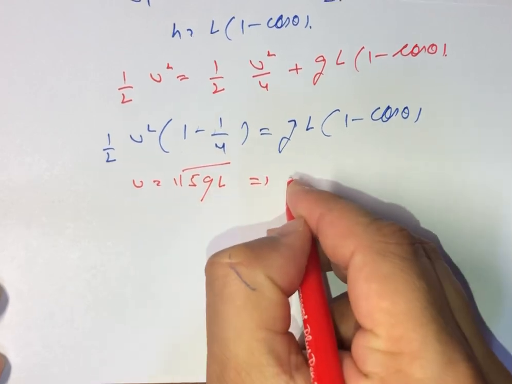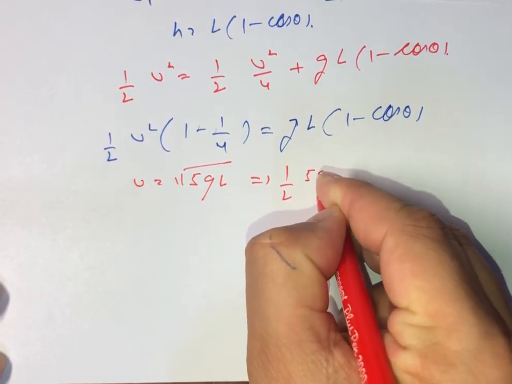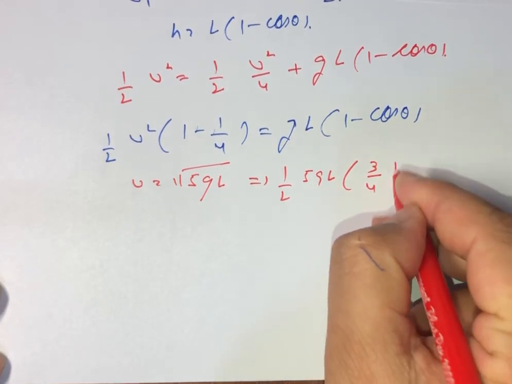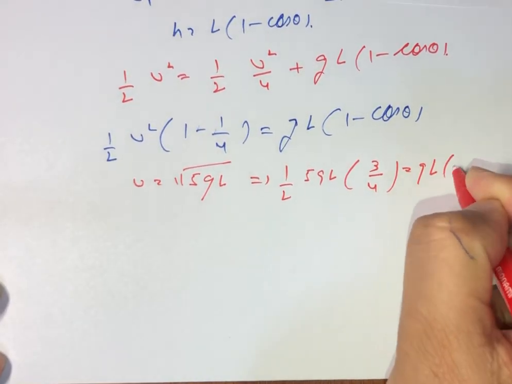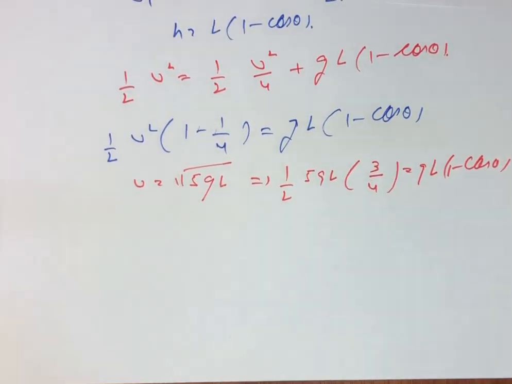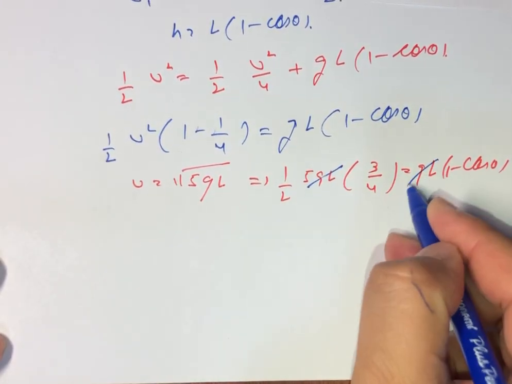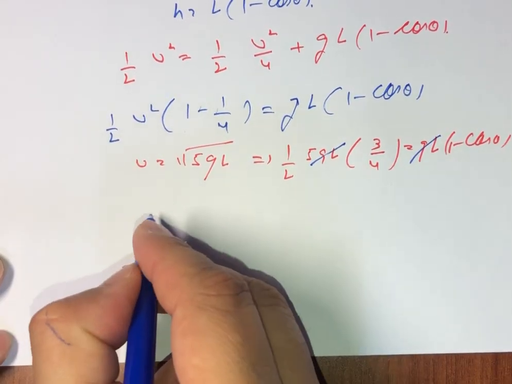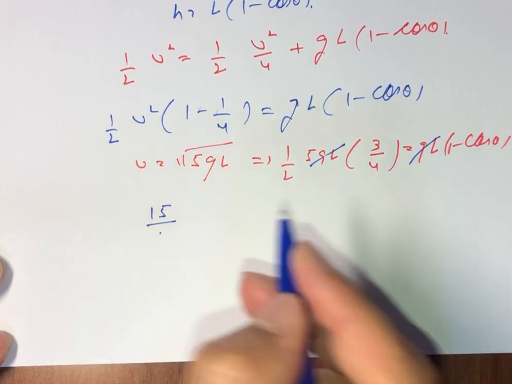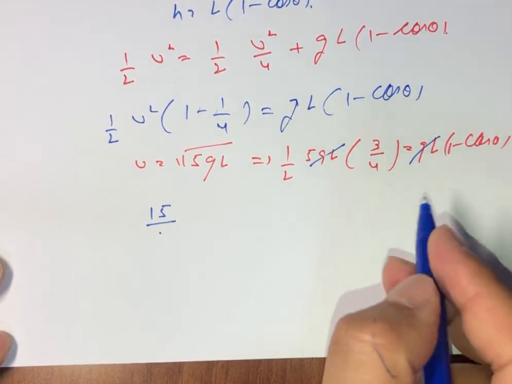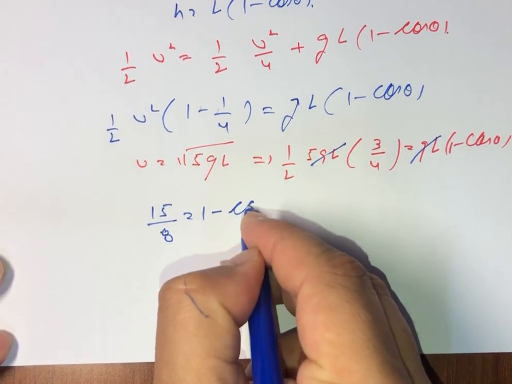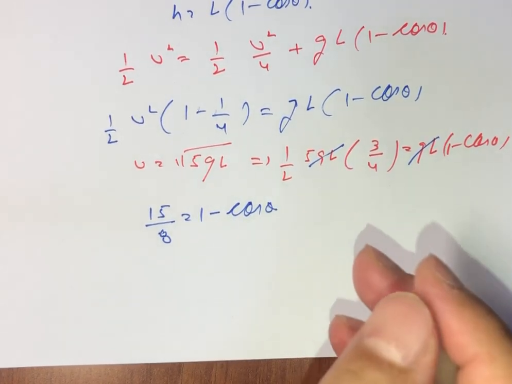So we can write this as half times 5gL times 3 by 4 is equal to gL times (1 minus cos theta). gL cancels out. Once again this comes as 15 by 8 is equal to 1 minus cos theta.